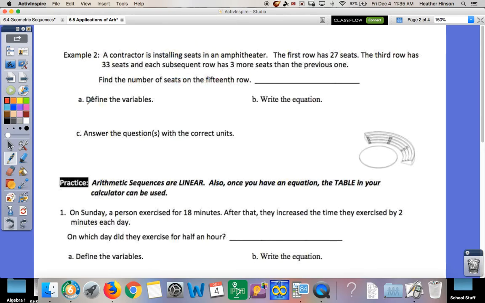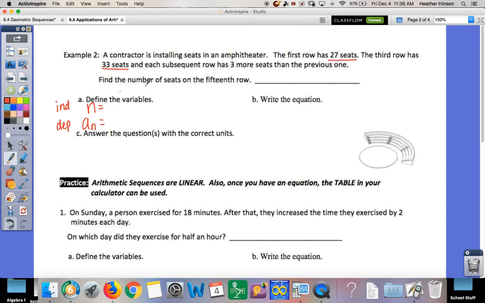So as always, we got to start with our variables, n and a sub n, because these are sequences. We don't use x and y. n is your independent. a sub n is your dependent. So what two items are we talking about here? Go look at your numbers. We have 27 seats, 33 seats.